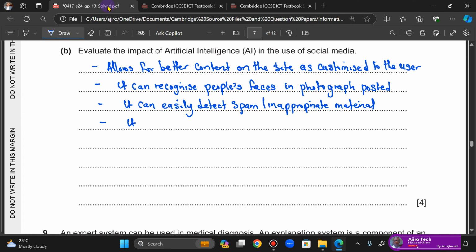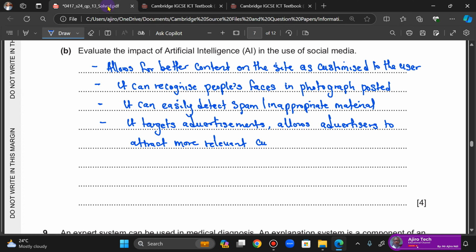So it targets advertisement, which allows advertisers to attract more relevant customers.